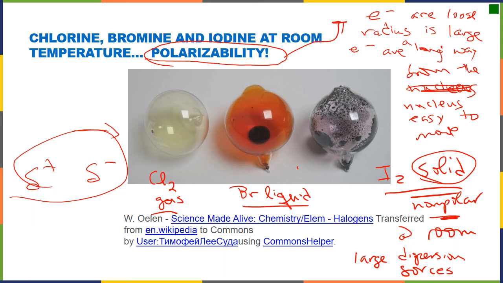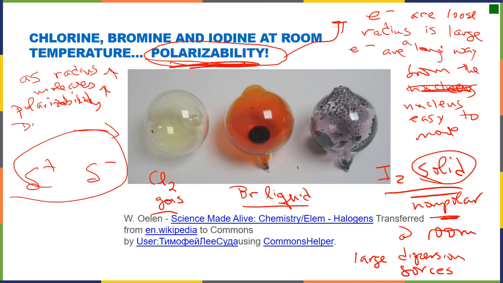So what are we going to do with this? Well, we're going to realize that as the radius of a molecule goes up, the polarizability goes up, and the dispersion forces go up.